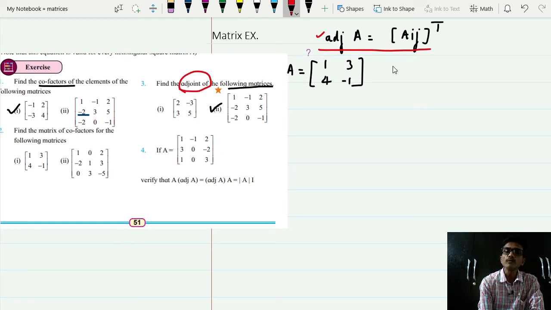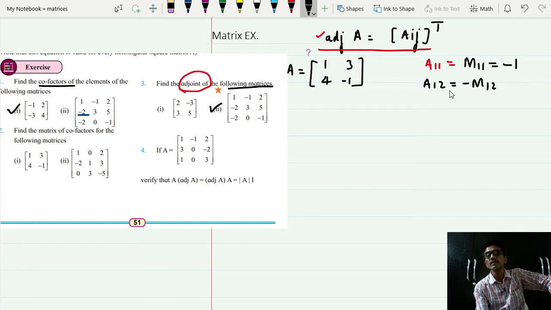This is a 2 by 2 matrix, so its cofactors we will find. A11 is equal to M11. What will be the minor of this element? -1, opposite. Then A12 is equal to minus of M12, the cofactor A12. What is the minor of this?